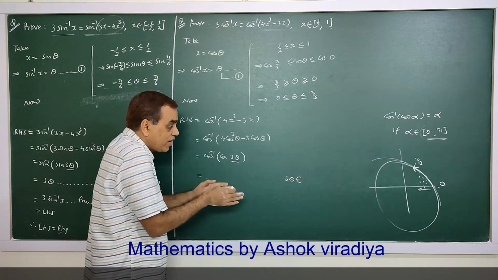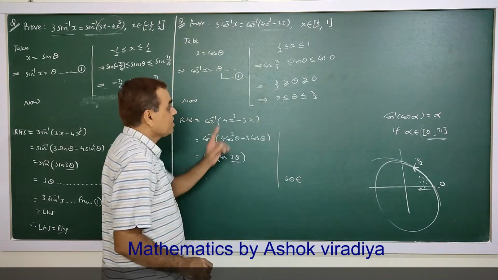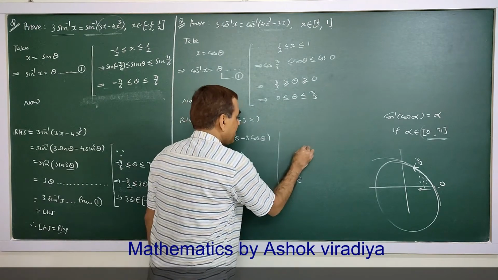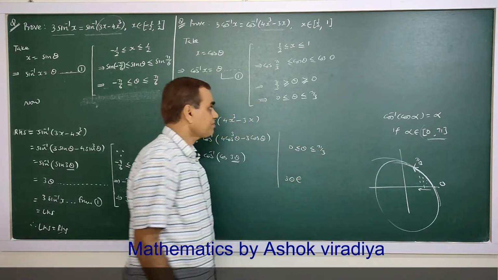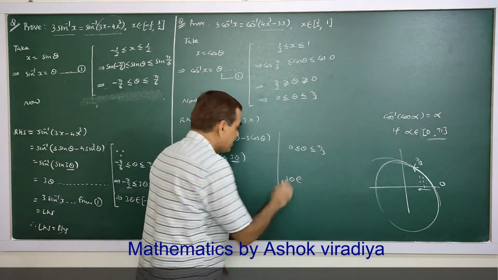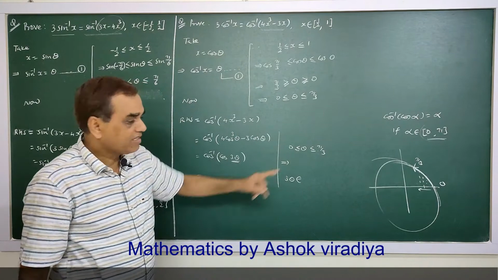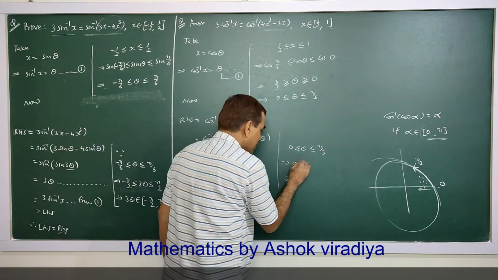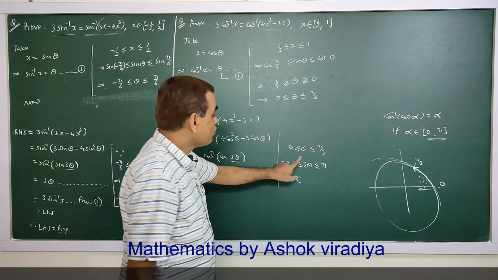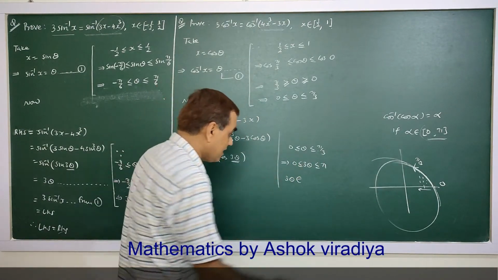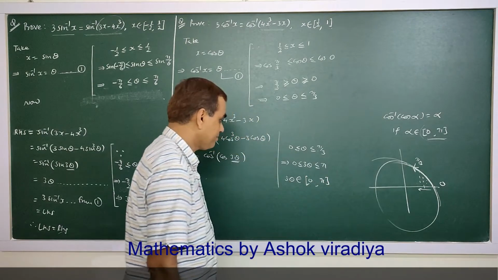Then we are allowed the next step, 3 theta. So let us check where it lies. For that, we were here, theta between 0 to pi by 3. Now multiplying by 3, we want to know about 3 theta. So 0 less than or equal to 3 theta less than or equal to pi. Now you can see that 3 theta belongs to the closed interval 0 to pi.